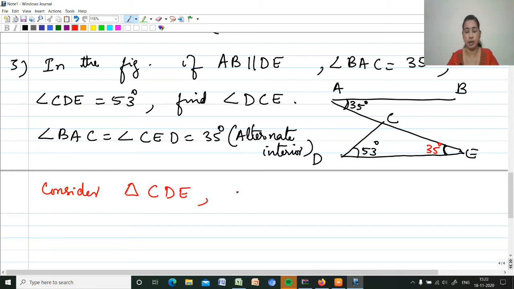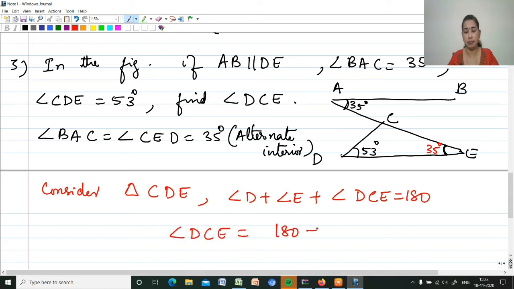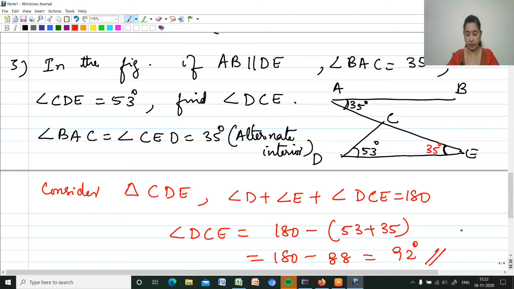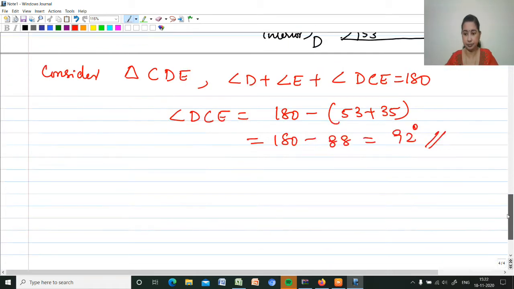There angle D plus angle E plus angle DCE is equal to 180, or angle DCE is equal to 180 minus (53 plus 35), that's equal to 180 minus 88, that's equal to 92. So angle DCE is equal to 92 degrees.